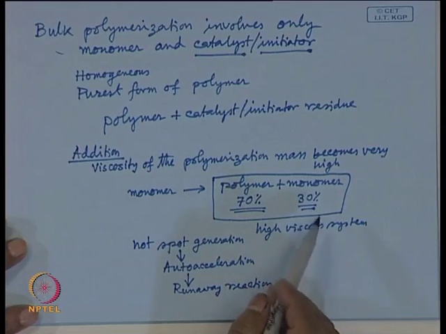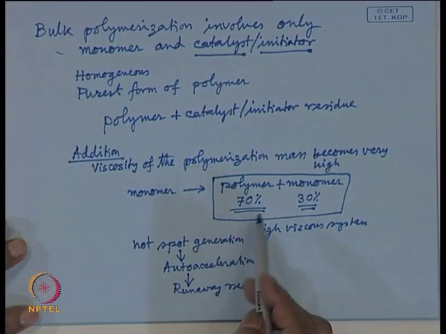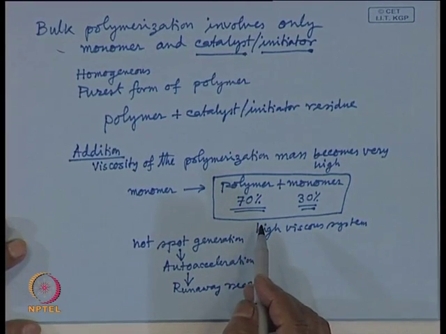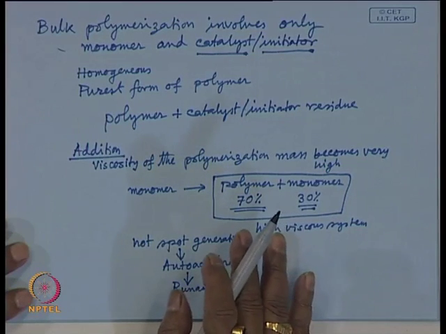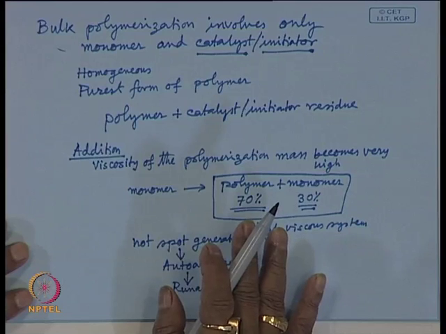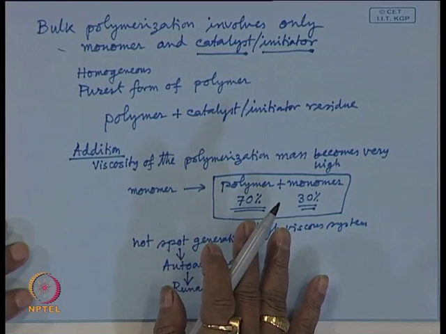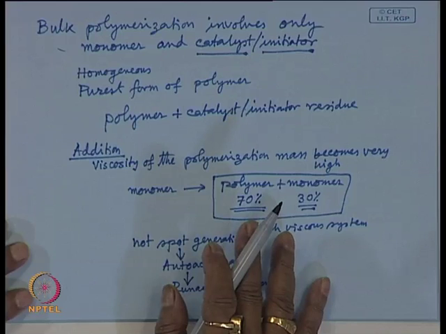So, to avoid all these things, normally in case of addition chain polymerization, if it is done by the bulk technique, it is actually stopped at lower conversion, say 50%, 60% like that. Okay.